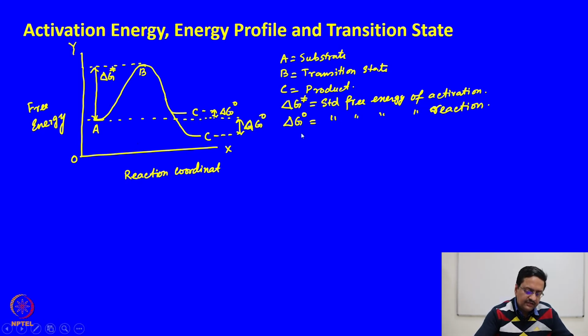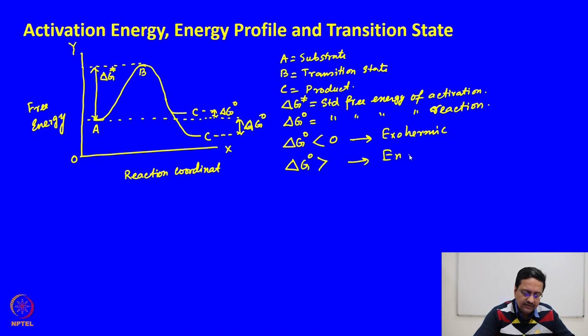Now, when delta G 0 is negative, that is less than 0, then we call this reaction exothermic, and delta G 0 greater than 0 is called an endothermic reaction.